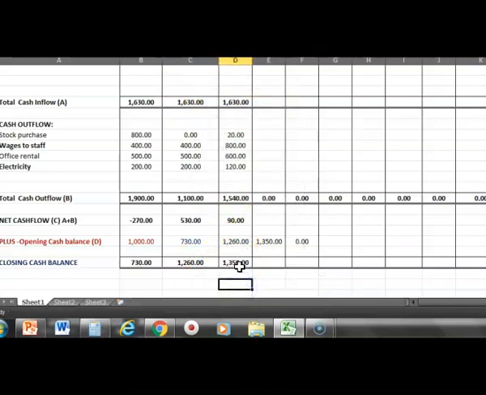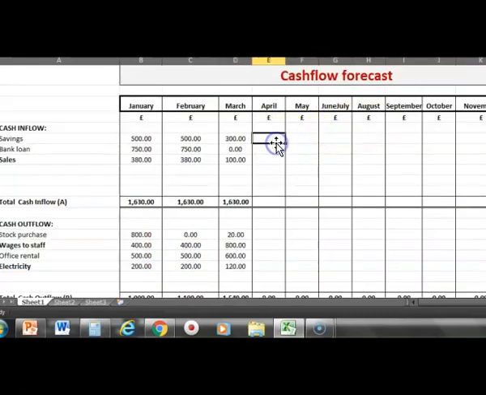Okay, so this is what they get. So the closing balance is 1350. All right then, so let me put more figures in for April.